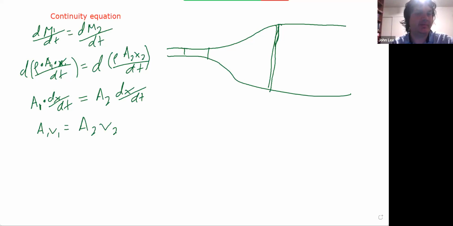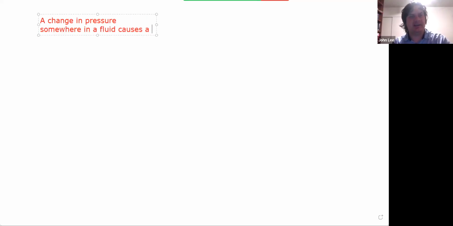Another thing to bring out is I don't remember whose principle this is. It has a name, but basically a change in pressure somewhere in a fluid causes a change in pressure everywhere in the fluid.